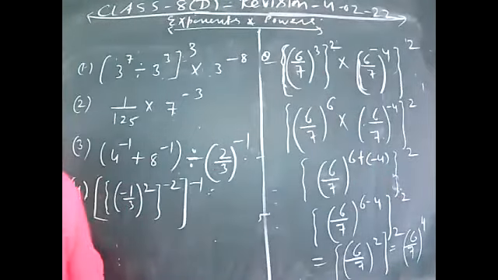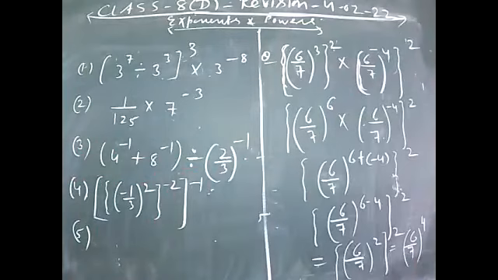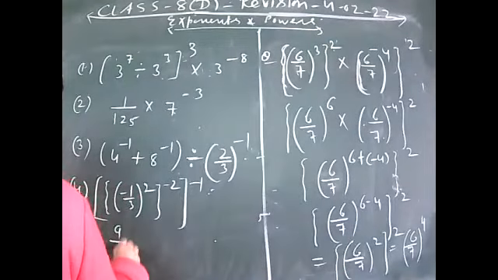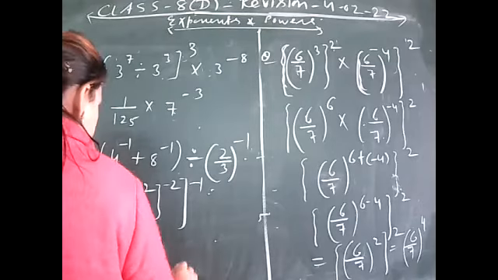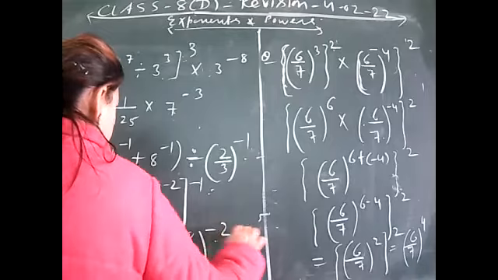Fifth question. Nine by 8 raised to power minus 3 multiply 8 by 9 raised to power minus 2.